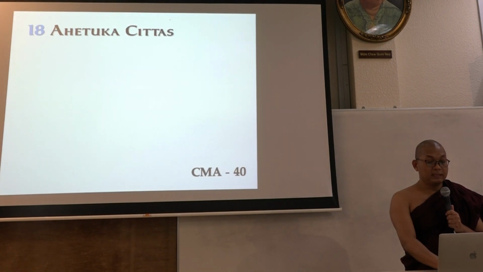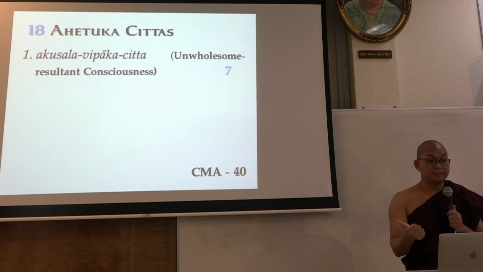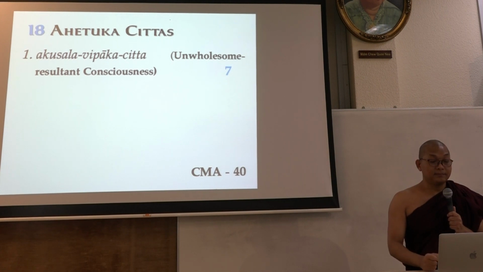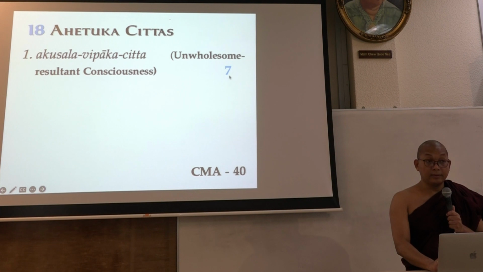So the ahetuka chetas are subdivided into 3 categories. Number 1 is akusala vipaka cheta. Akusala is unwholesome, vipaka is result, cheta is consciousness, right? Unwholesome resultant consciousness. So these 7 chetas arise because of unwholesome karma, unwholesome actions.